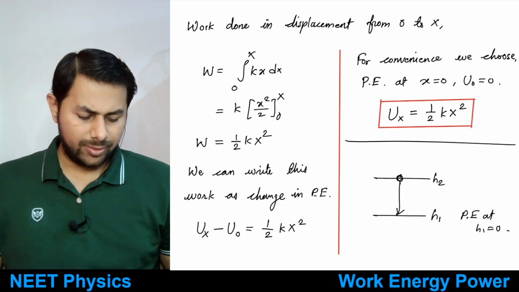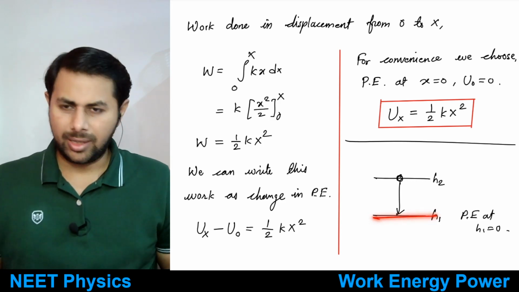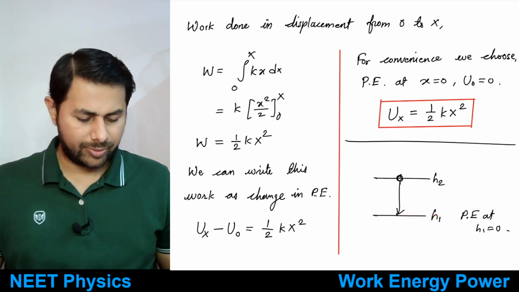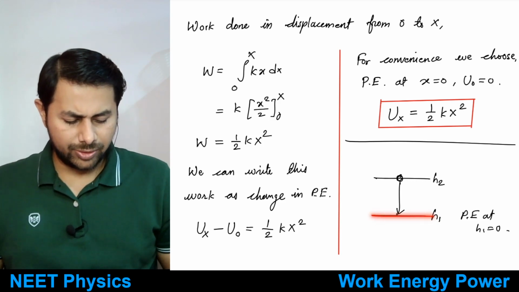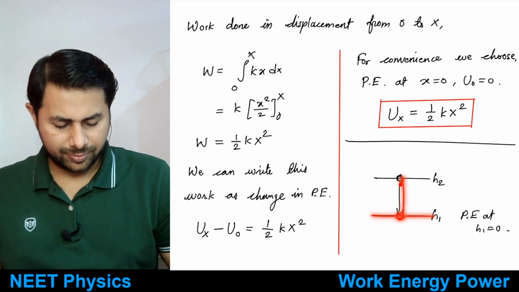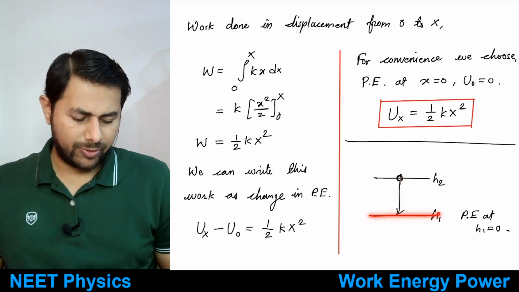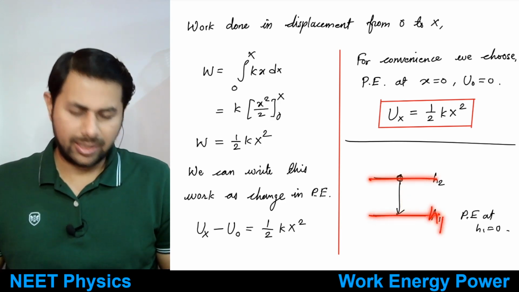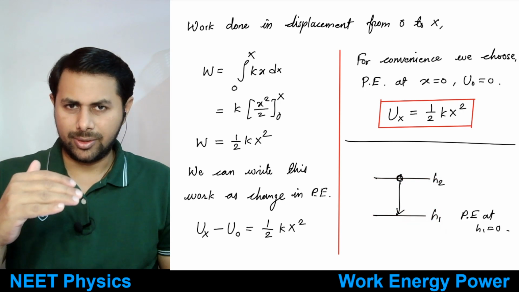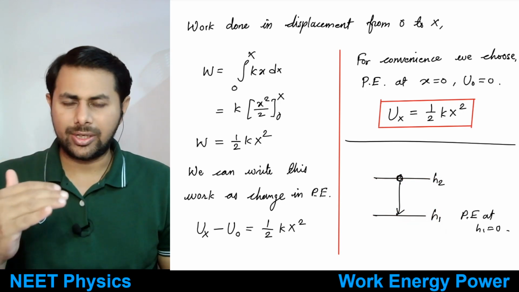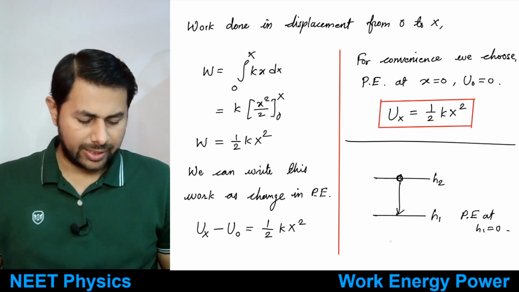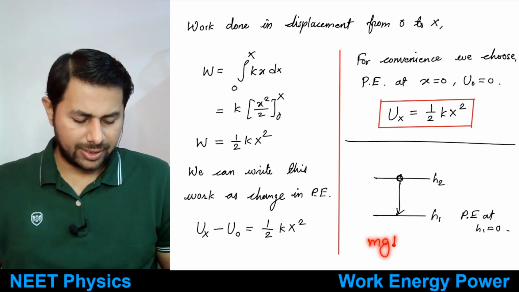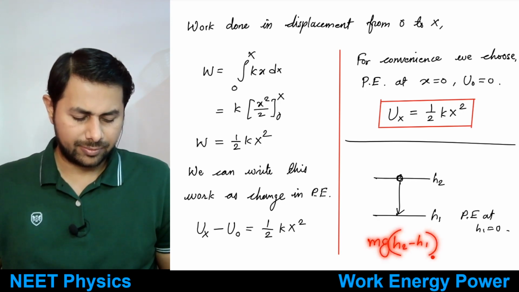Okay, so again, in the case of gravitational potential energy also, suppose you move the object from here to here. It was at height h1, then you move it to height h2. So how much is the change in potential energy? Change in potential energy is equal to mg(h2 minus h1).